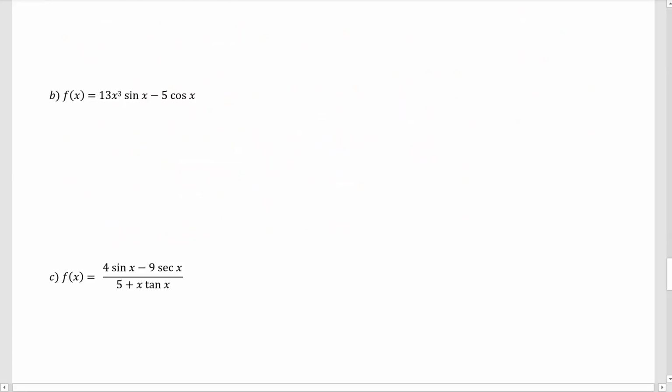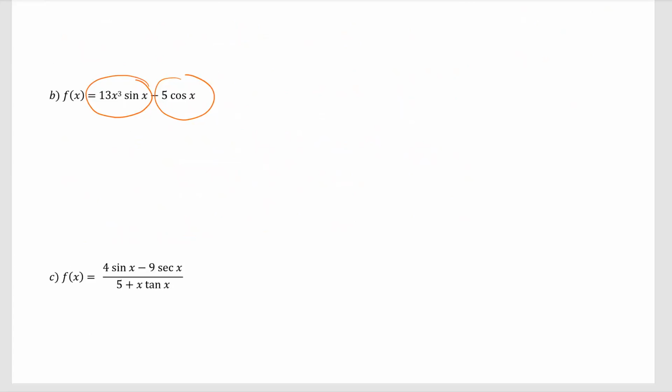Okay, so part B, let's look at the format. Well, this is a difference, so we can differentiate the first term and then minus, we can differentiate the second term. But the first term you can see is a product. So we actually need the product rule for the first term. So we can think about it as this guy times this guy.